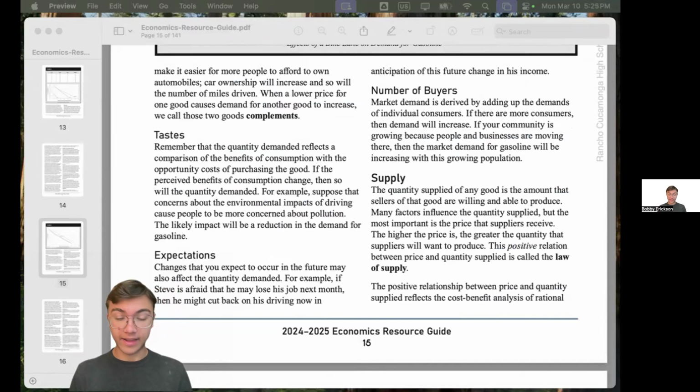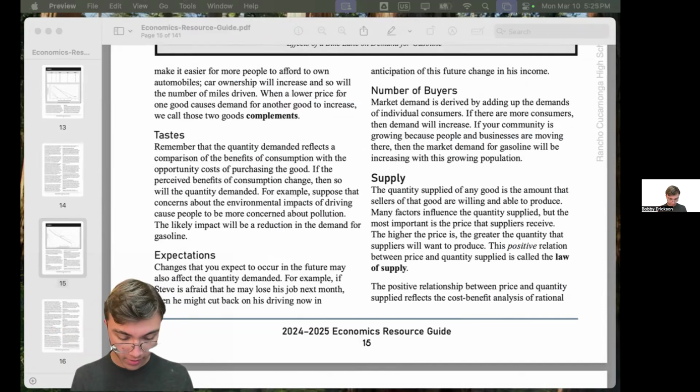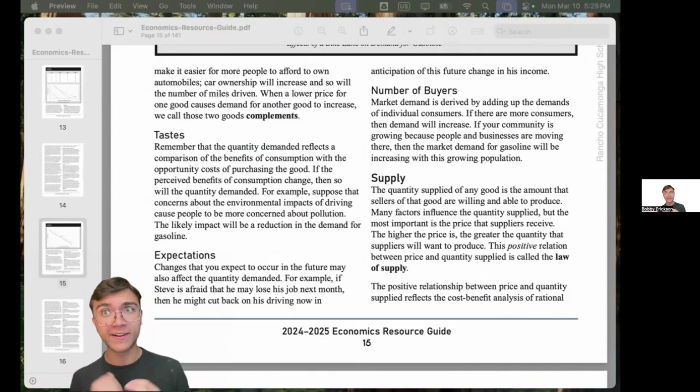Tastes are the next thing that can impact the demand for a good. And this is once again important for comparing benefits of consumption and opportunity costs. If someone perceives the good as being better and their taste tells them, "Oh, I really, really love peanut butter," then obviously their demand is going to increase for that good because they're going to eat it more.